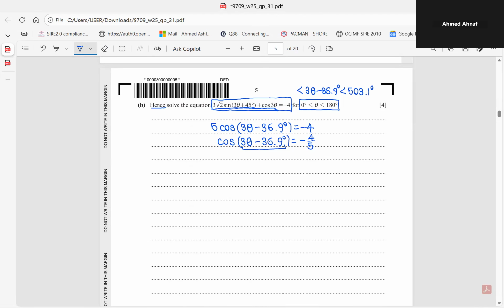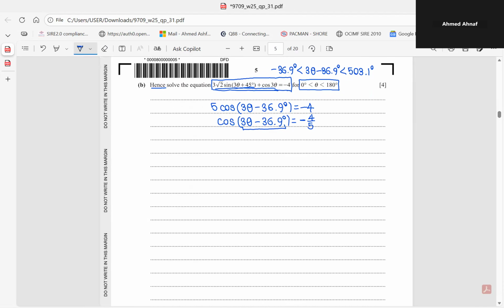We get exactly negative 36.9 degrees. So this would be our domain that we're going to be working with to find our expression inside the cosine function.